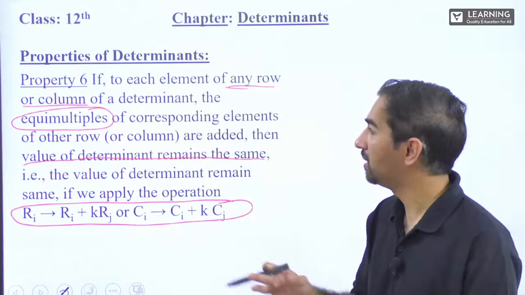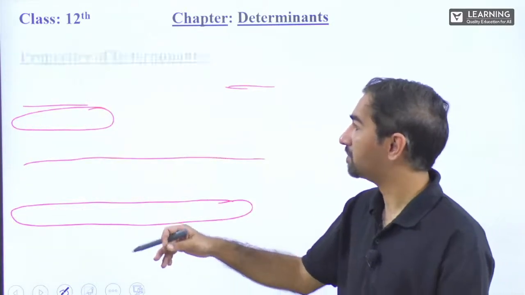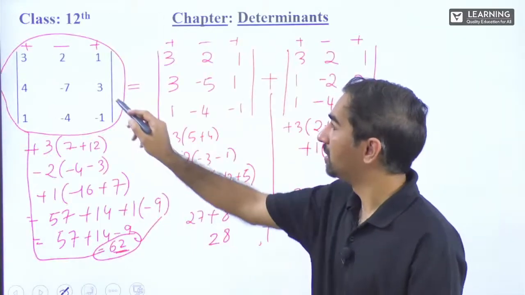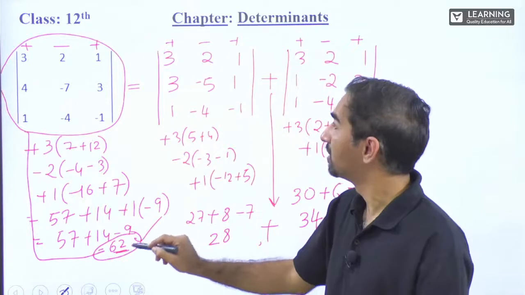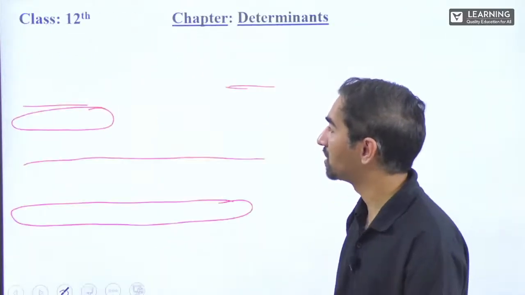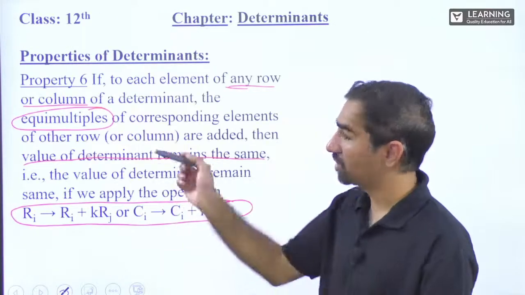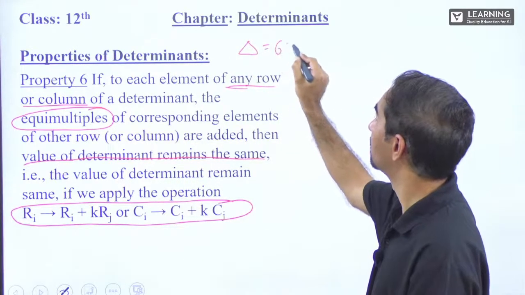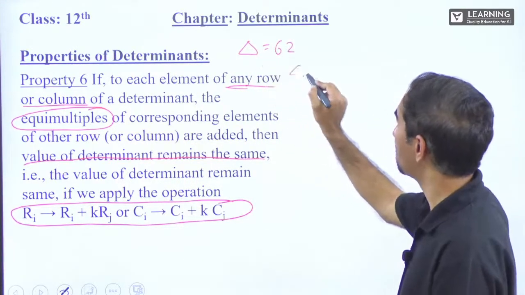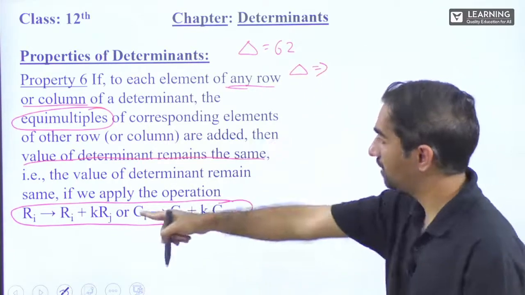So for example, in our previous slide, what we had seen is the value of this determinant is equal to how much? 62, correct? Now the same thing they are telling. For the previous determinant, delta will be equal to 62 we got. Now for the same delta, you do one operation, either row or column.